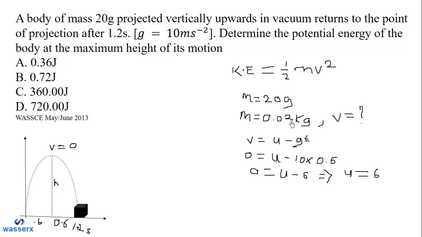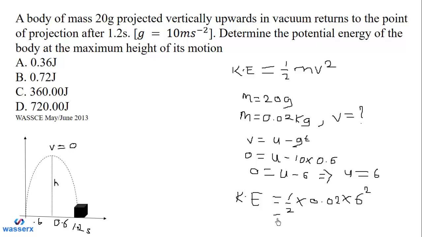So we substitute, and we also substitute the mass in kilograms to obtain the kinetic energy to be equal to half of the mass, which is 0.02, times 6 squared.